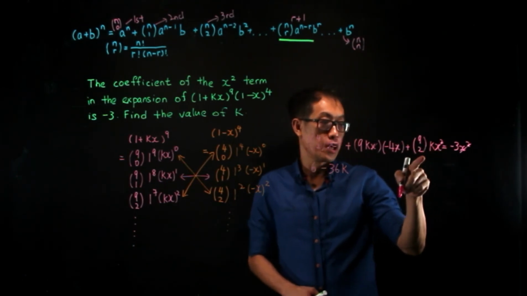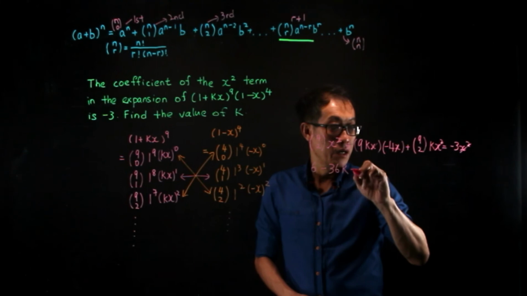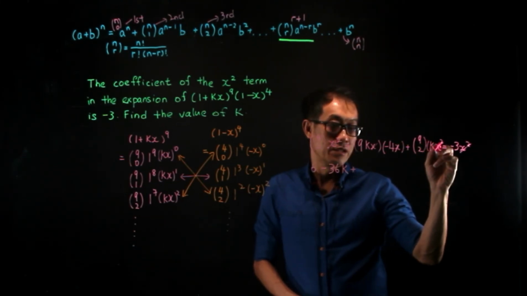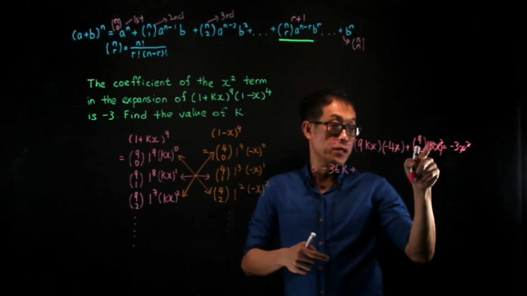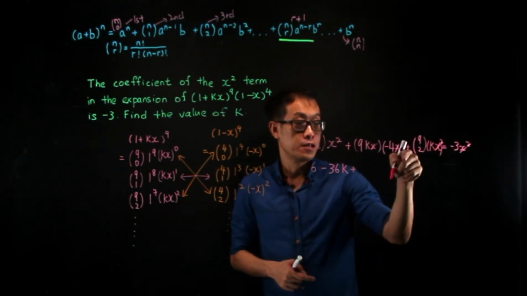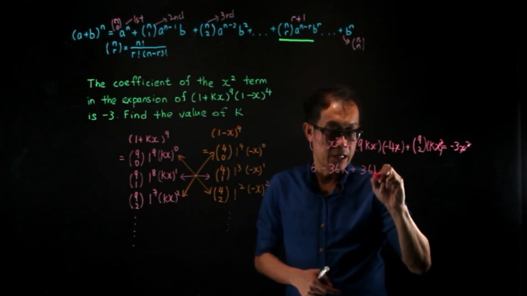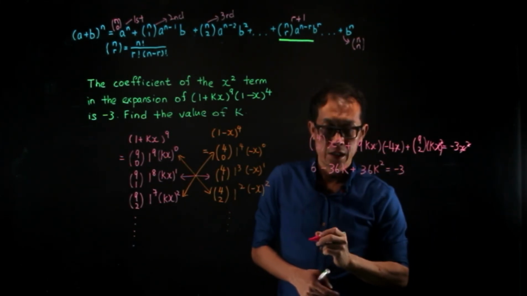And this one you have 36k squared. No, the square should be outside, huh? So you got 36k squared. 36k squared equals minus 3.